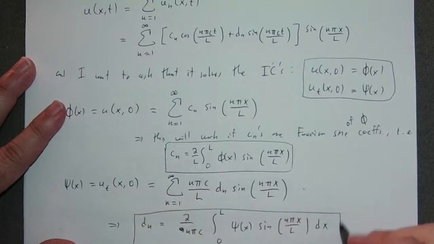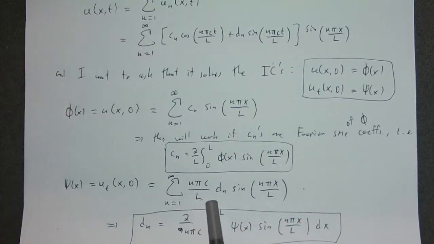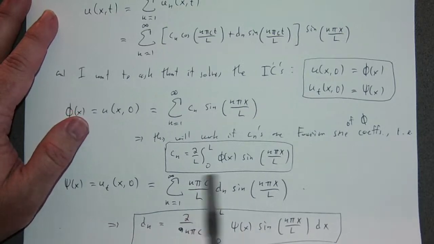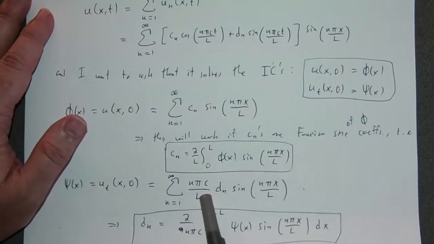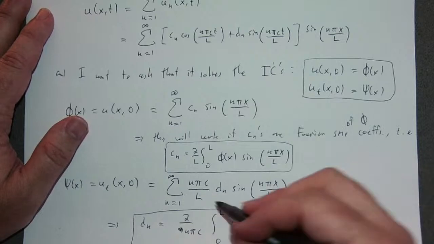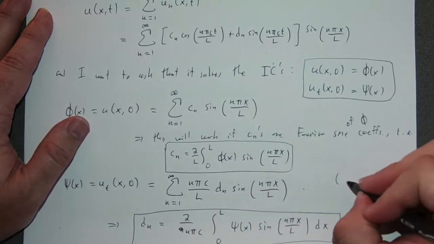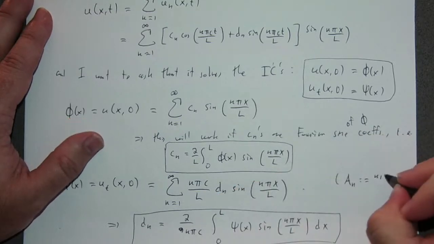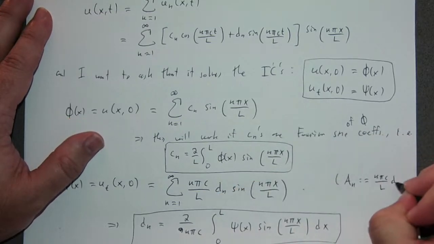So in this last step right here, think of just relabeling this, right? If you're uncomfortable with this algebra, just relabel this. Call this like big A sub n, right? If you really like to relabel big A sub n, call it n pi c over L d sub n.